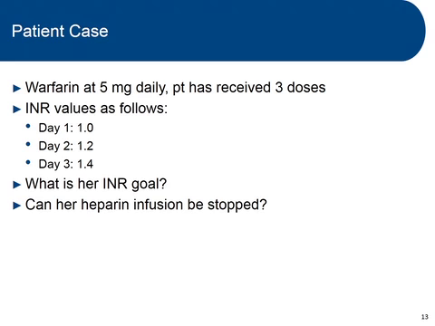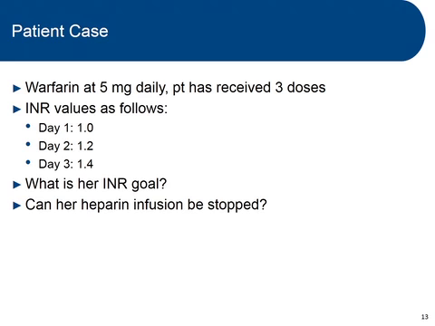Remember I said for patients who have active venous thromboembolism, we want them in the therapeutic range before we stop the heparin infusion. So we want their warfarin INR to be in the therapeutic range. Generally, there's an overlap of the heparin drip and the warfarin for 5 days, and you want the INR to be in range for at least 24 hours.